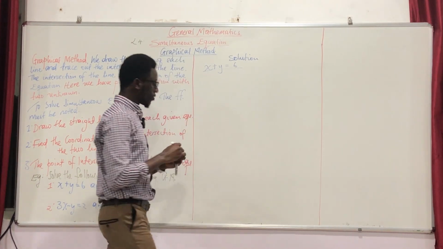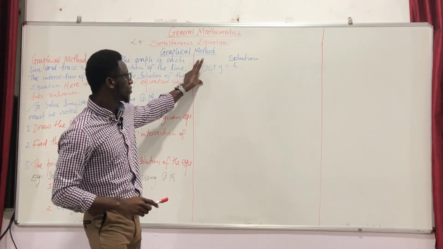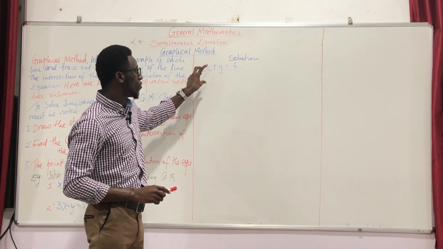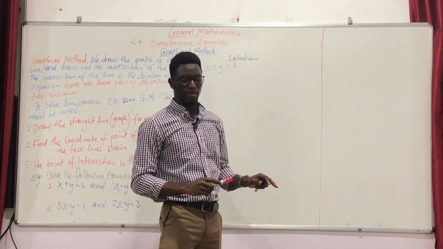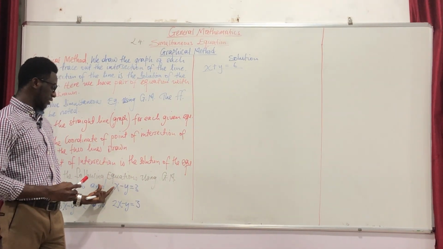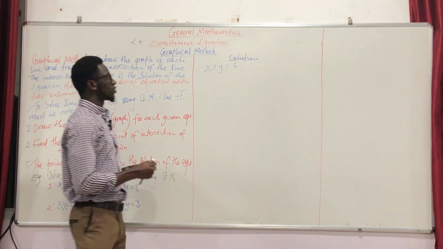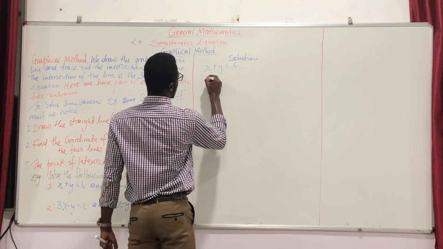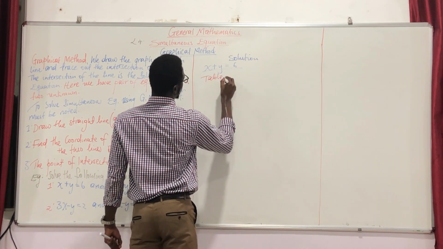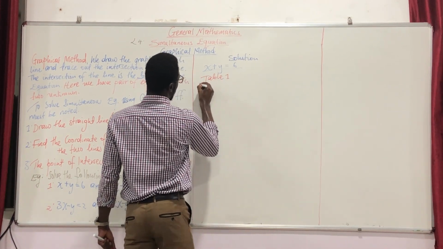In this equation, we are going to make a table first. Based on this table, we use it to plot our graph. Also for the second equation, that is x minus y equals 3. So here, we make table 1.